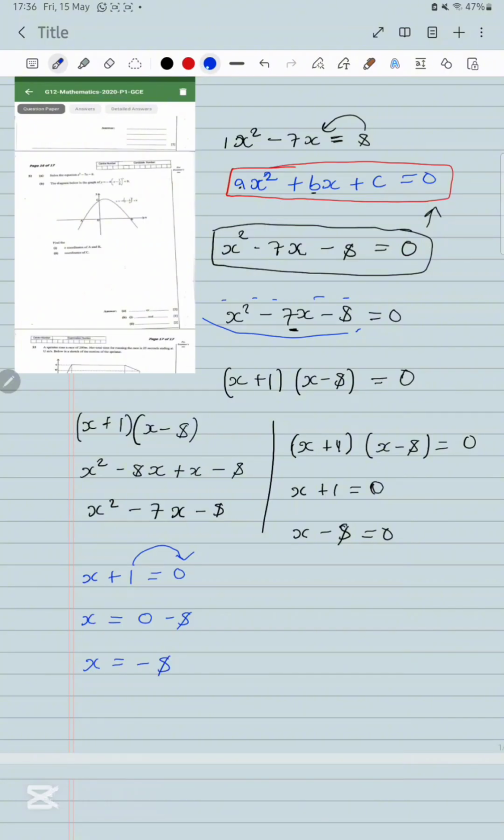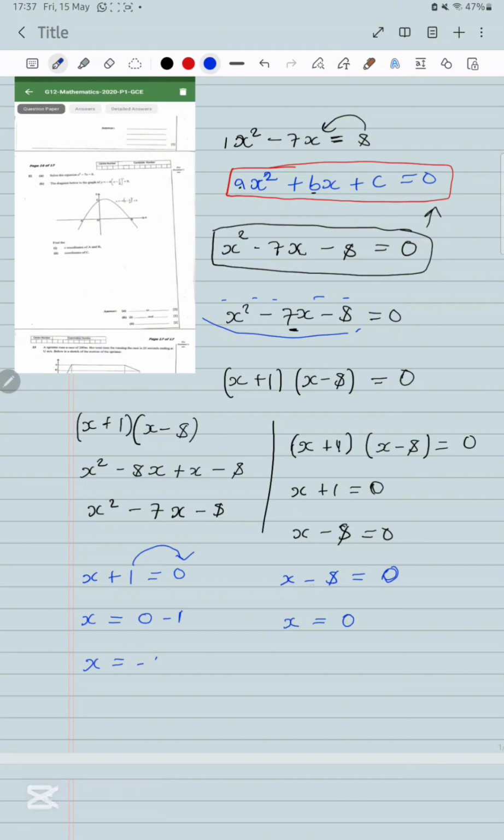So 0 minus 1 will be minus 1, so x is equal to negative 1. For the second one, we have x minus 8 is equal to 0.